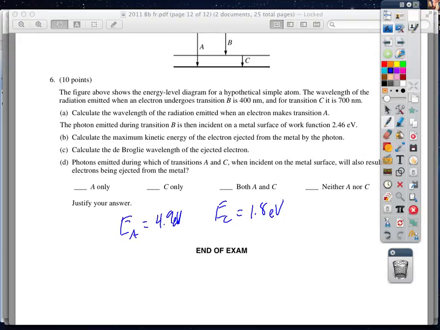The second one, KE max equals HF minus phi. That is what? Photoelectric effect. That should be light hitting a piece of metal and ejecting an electron. Most commonly used in solar cells, where light hits a piece of something and creates electricity. Then we have lambda equals H over P. So that's what?